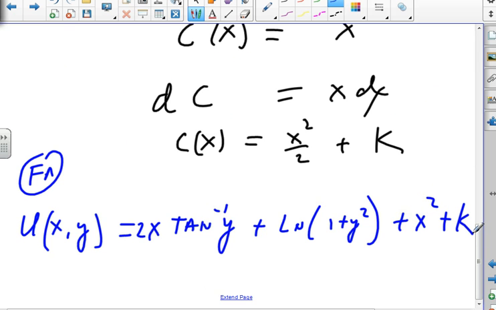So I got a 1/2 here, and now I'm just multiplying everything by 2. Can I multiply everything by 2? Is that okay?